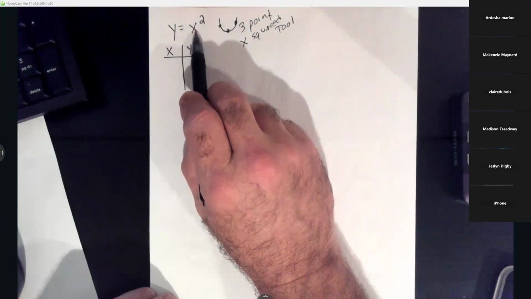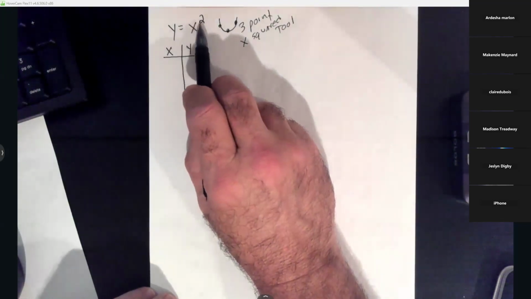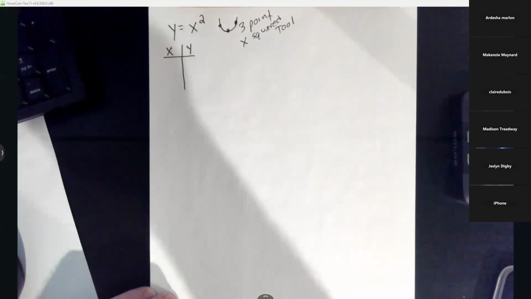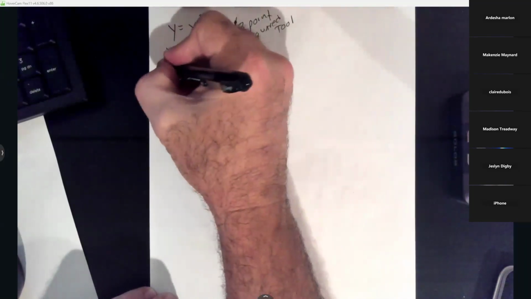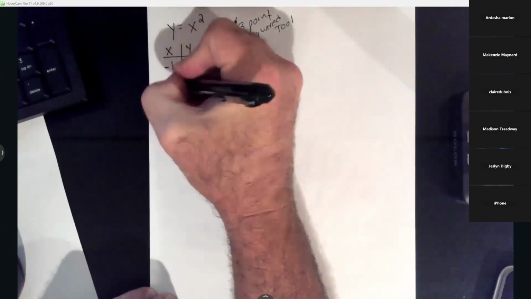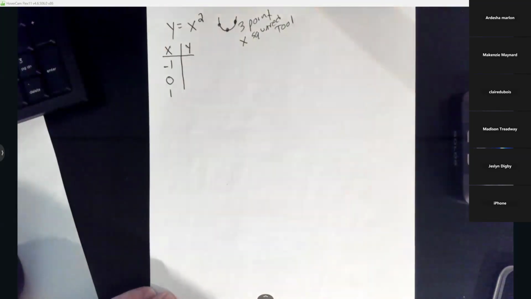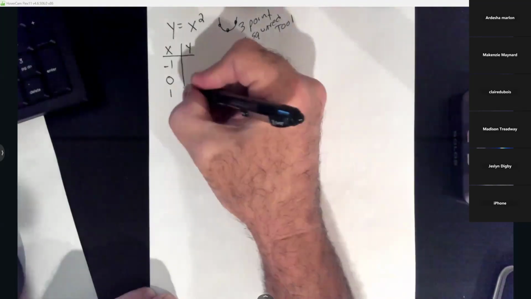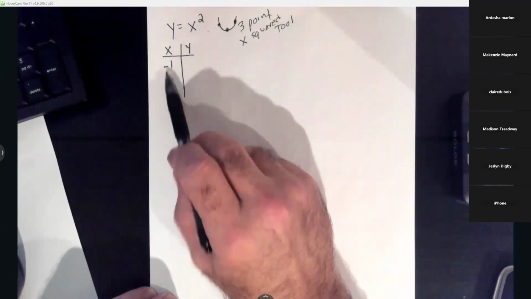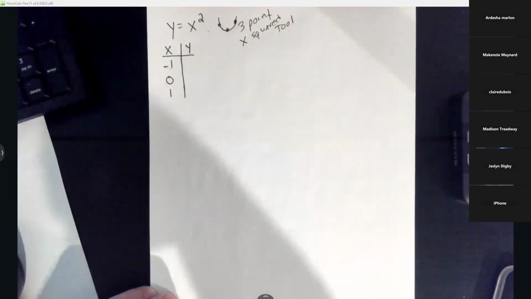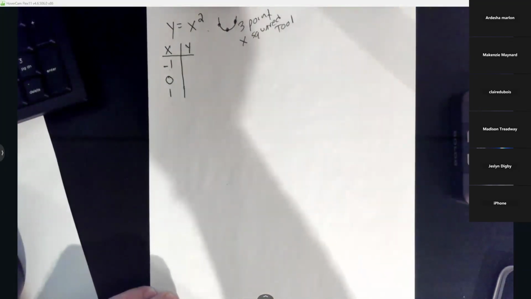But y'all realize, no matter what number you put in here, when you square it, it will be positive on this graph, okay? So I'm going to put in a negative 1, 0, and 1 on this one. Usually on my x squared graphs, I always use these 3 numbers because they're small and they're easy to multiply.